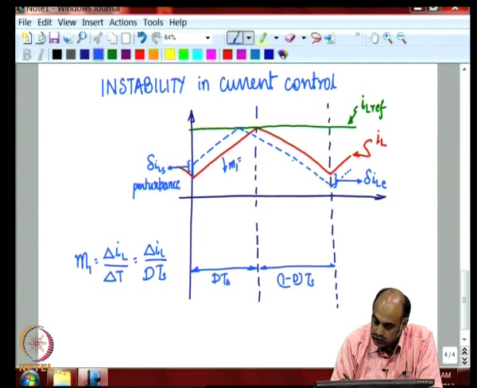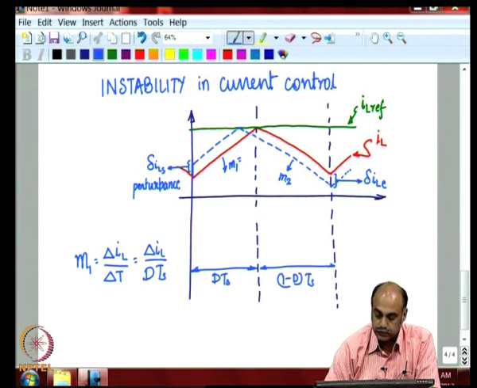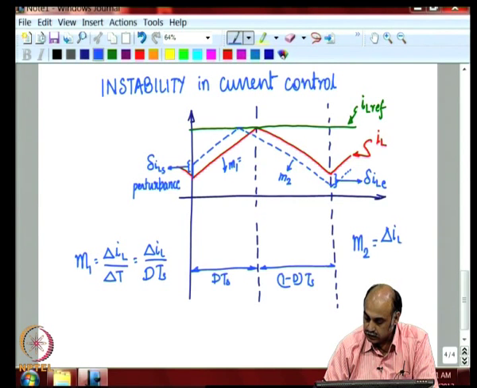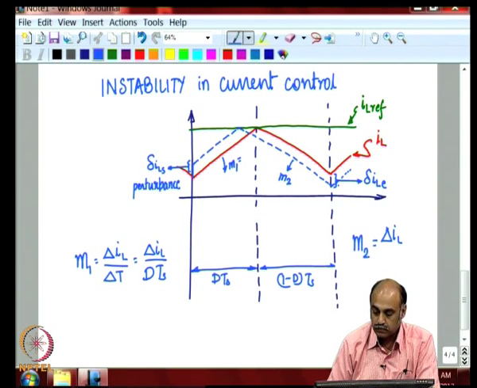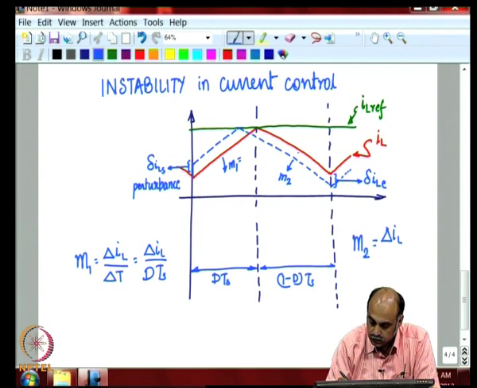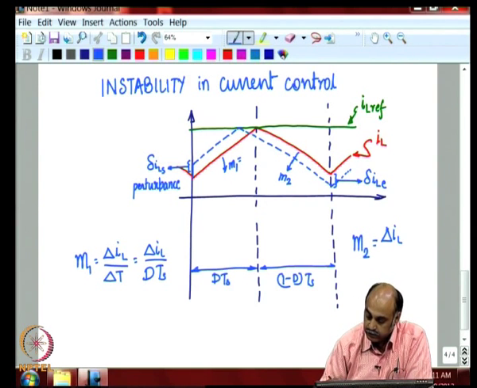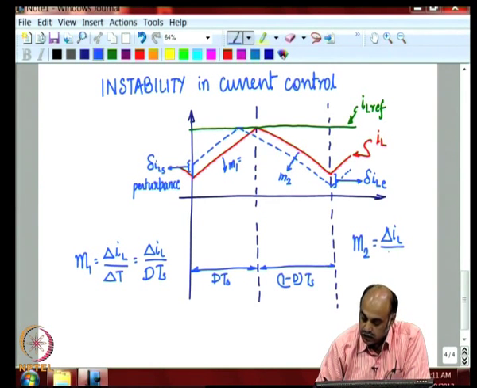And then what is m2? Let us say this is m2, and m2 is delta IL, it comes down by the same amount, taking the steady state waveform, divided by delta T, which is 1 minus d Ts.